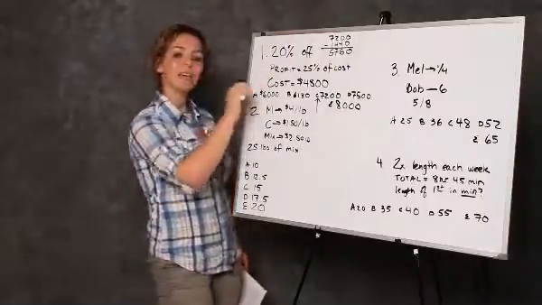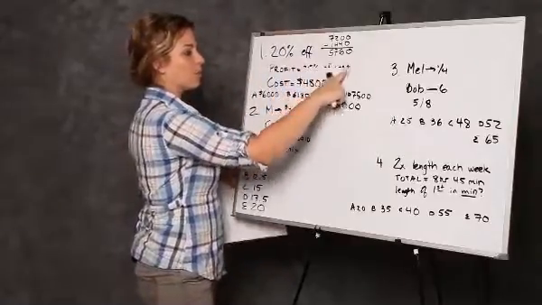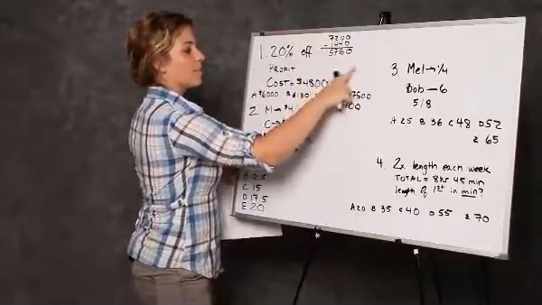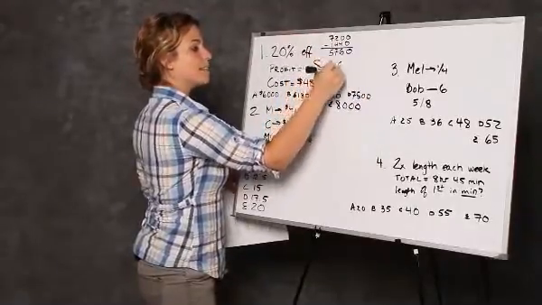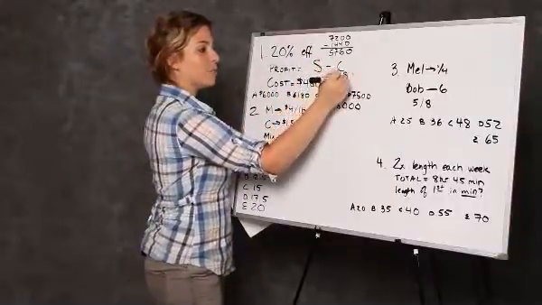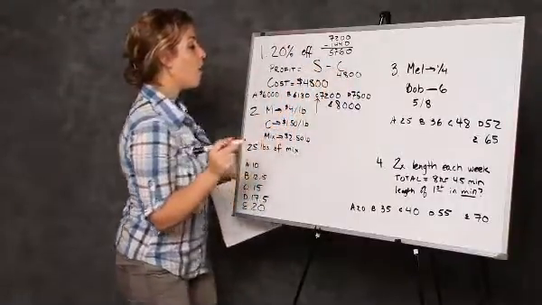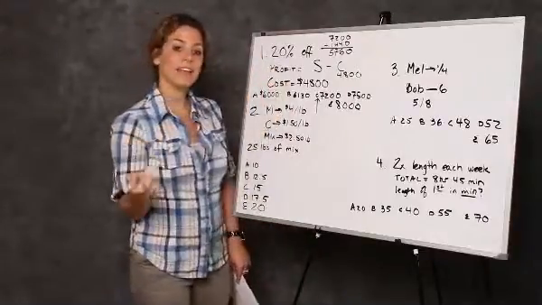So what we need to think about here is a couple of things. When we make a profit on something, profit is equal to what we sold it for minus the cost, right? So in this case, we know that our cost is $4,800, and they also told us that our profit was 25% of the cost.